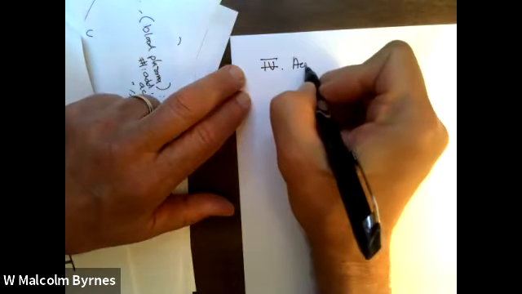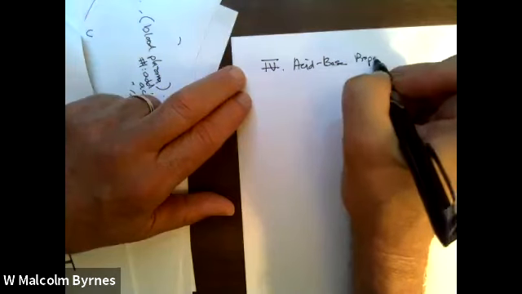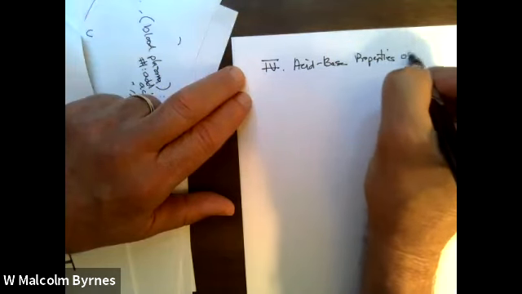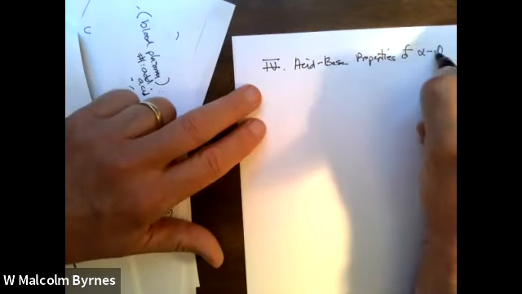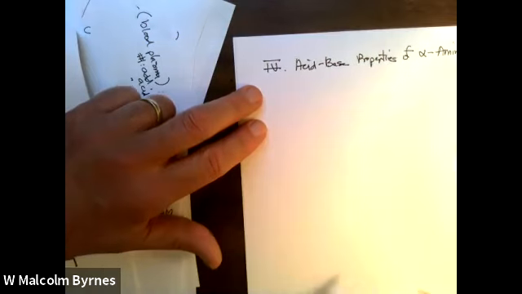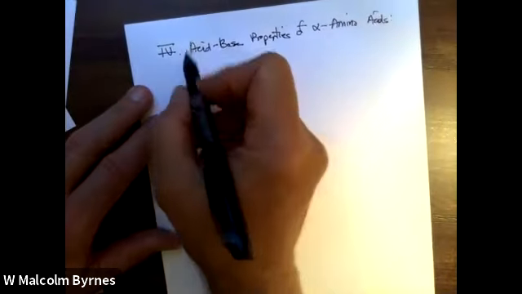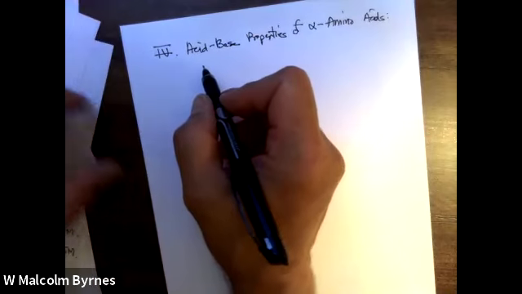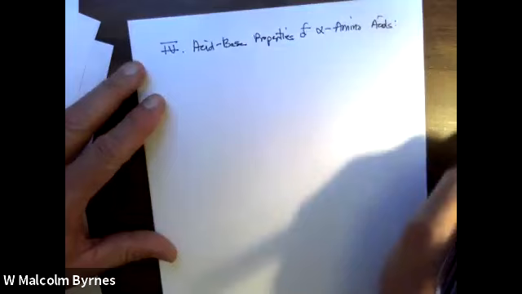So let's look at the acid-base properties of alpha amino acids. I'm jumping the gun a little bit, but later I'm going to talk about amino acids as the building blocks of proteins. And this is the general form that they have.